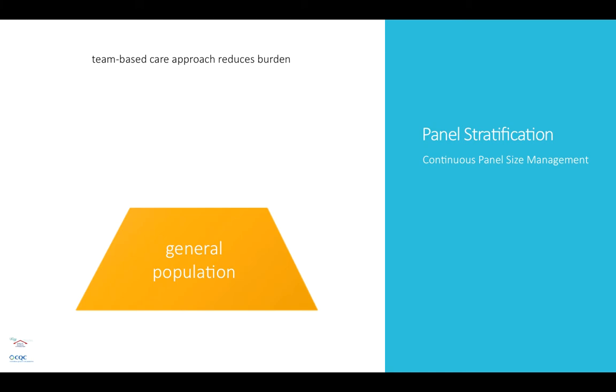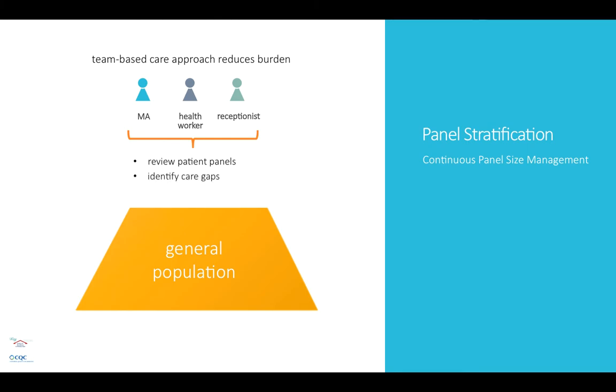Using a team-based care approach, people like medical assistants, health workers, or reception staff play an important role in the panel stratification and management process. Prospective panel managers can learn to review patient panels, to identify care gaps, and to talk with patients about getting up to date on their care.